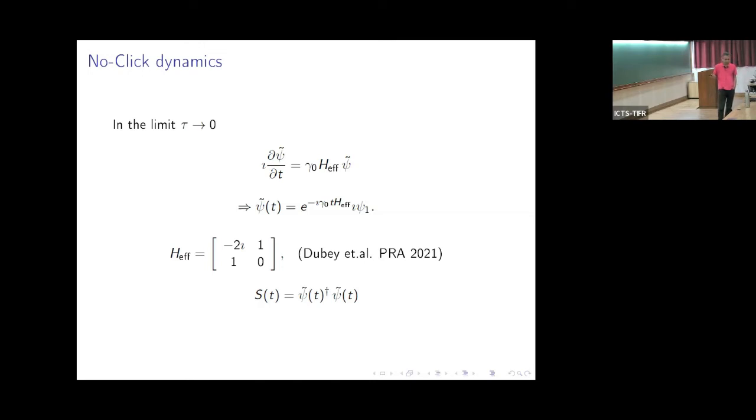And then we can define something called the survival probability, which is basically a measure of the probability of not getting a readout of 1 up till time t. So this, by definition, can be calculated once this equation has been solved. And this is fairly easy to do.